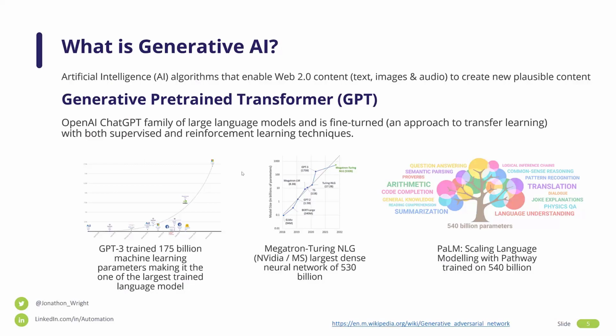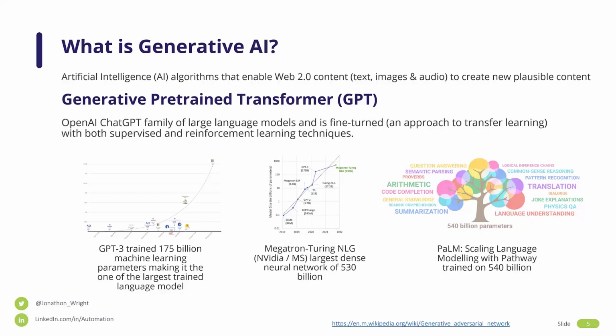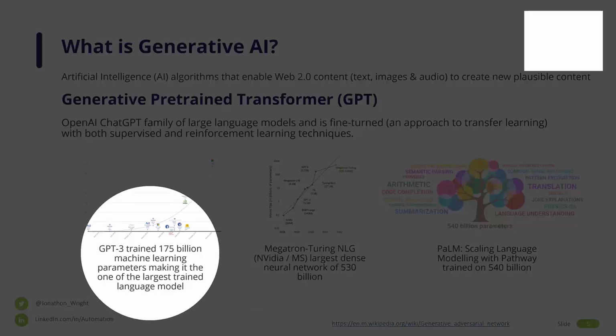What is GPT? Well, it's a generative pre-trained transformer. It's the most popular one, I guess. Everyone's heard about it in the room already. You can find out a lot more if you check out the wiki page at the bottom. But in actual fact, when you look at the level of the training, and of course we've got GPT-4 just about to drop, which won't be a massive amount.